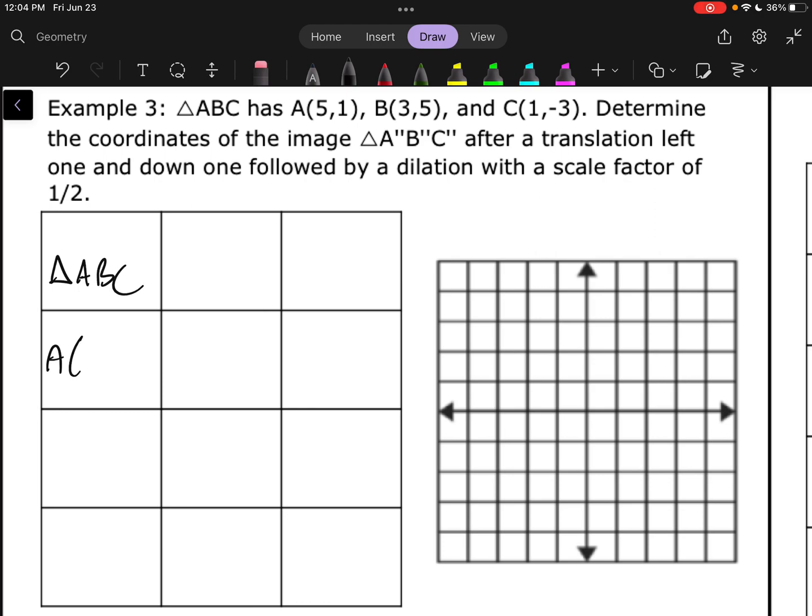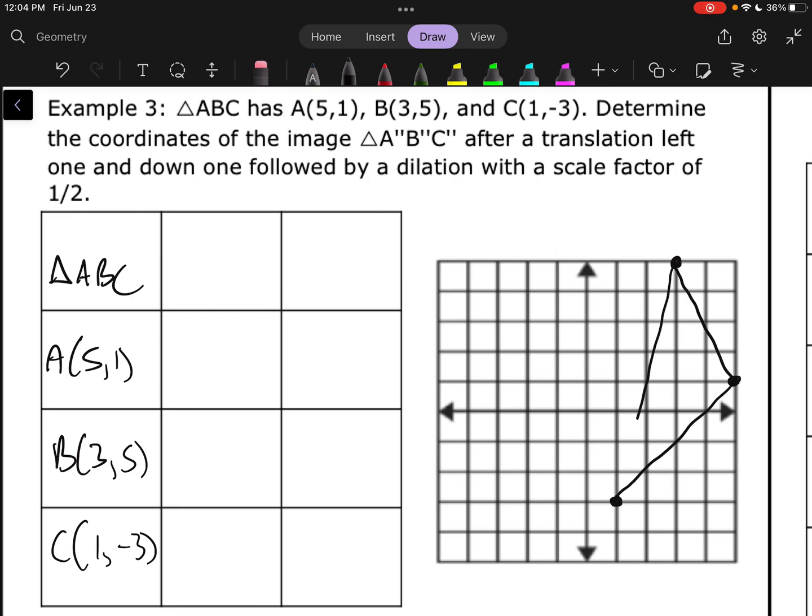Let's get these points down. 5, 1, 3, 5, 1, negative 3. So here is A, B, C.